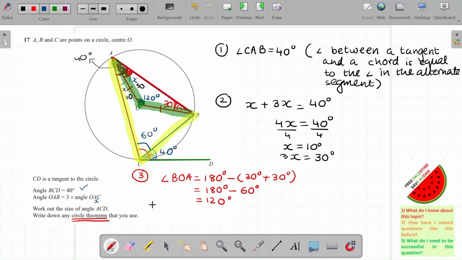So the next step, number 4, angle ACB is equal to 60 degrees.